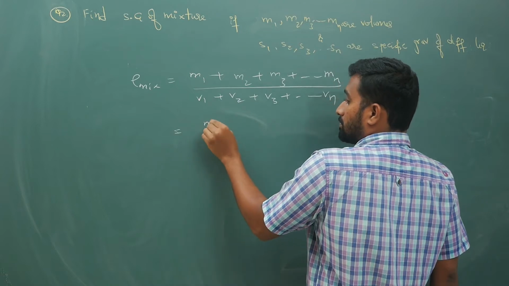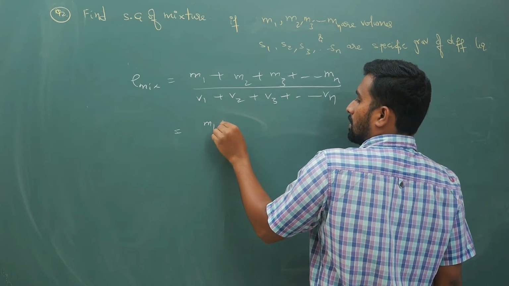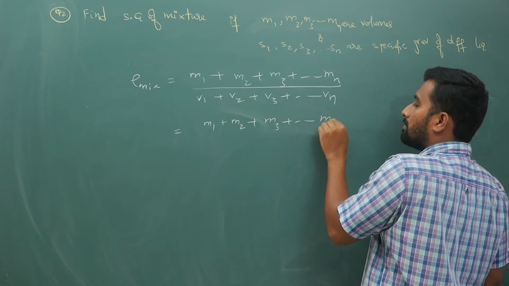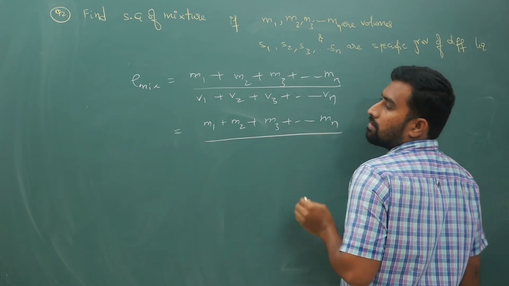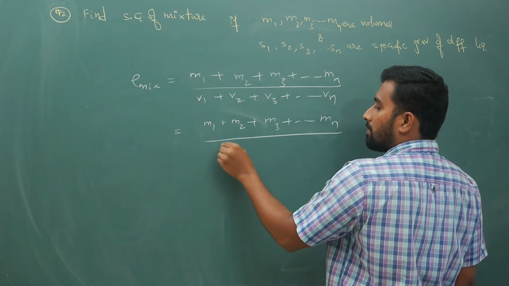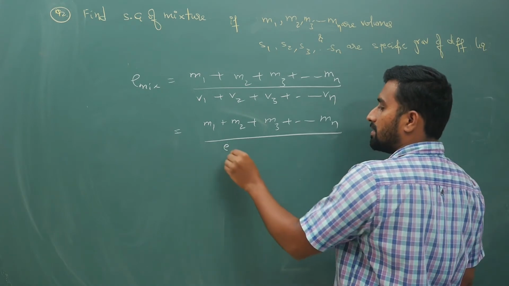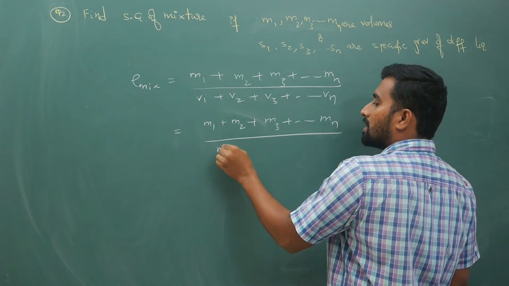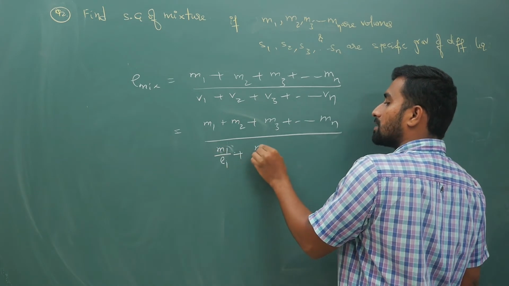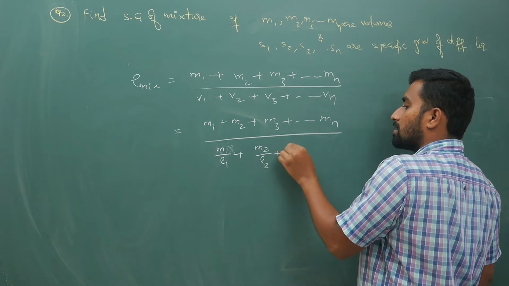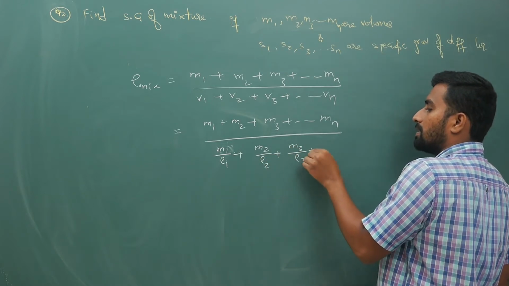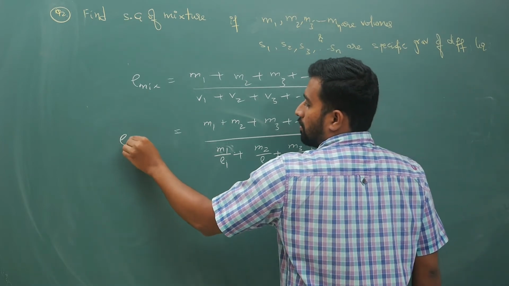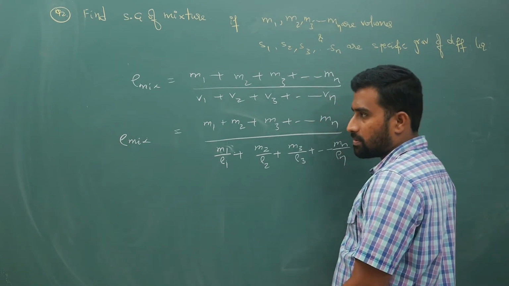So that will become m1 plus m2 plus m3 and so on up to mn by, since density is mass by volume, volume is mass by density, m1 by rho 1 plus m2 by rho 2 plus m3 by rho 3 and so on up to mn by rho n. Now you are going to get your rho of mixture this way.